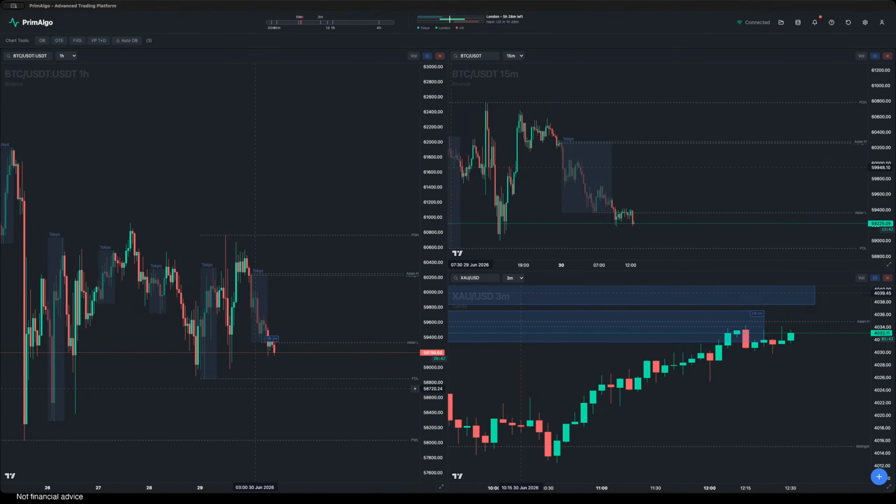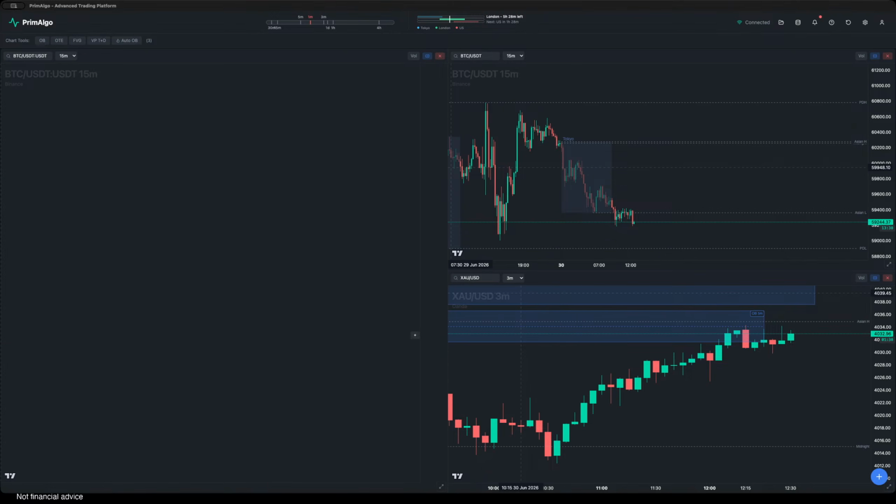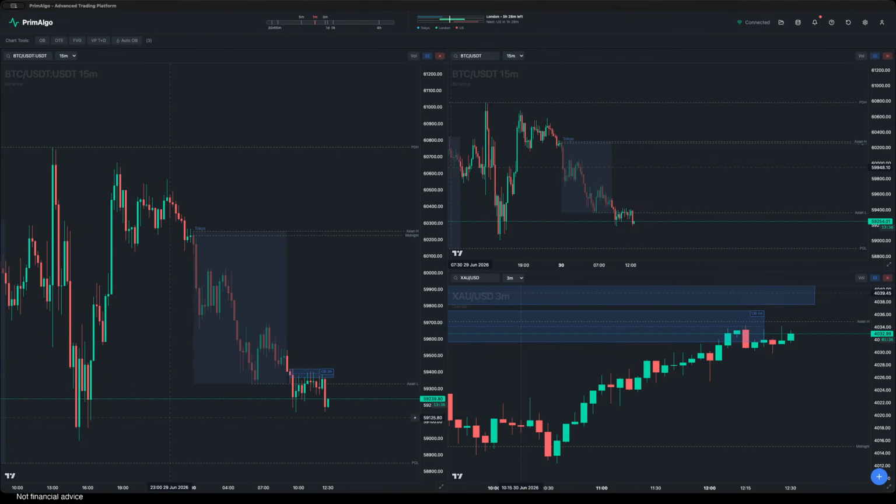I don't know. Let's see if there's anything interesting. So this one sweeps, went down. Wow, could go high a bit. Wow, this candle. So going lower, could reach this level, maybe.